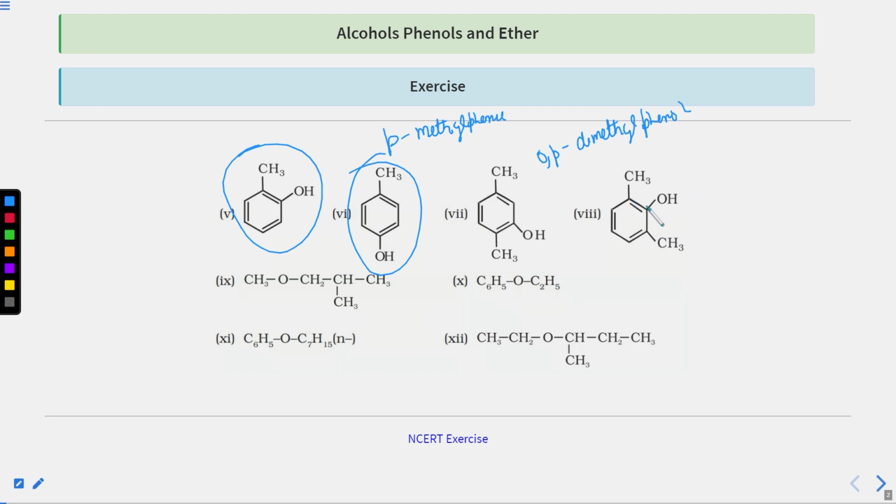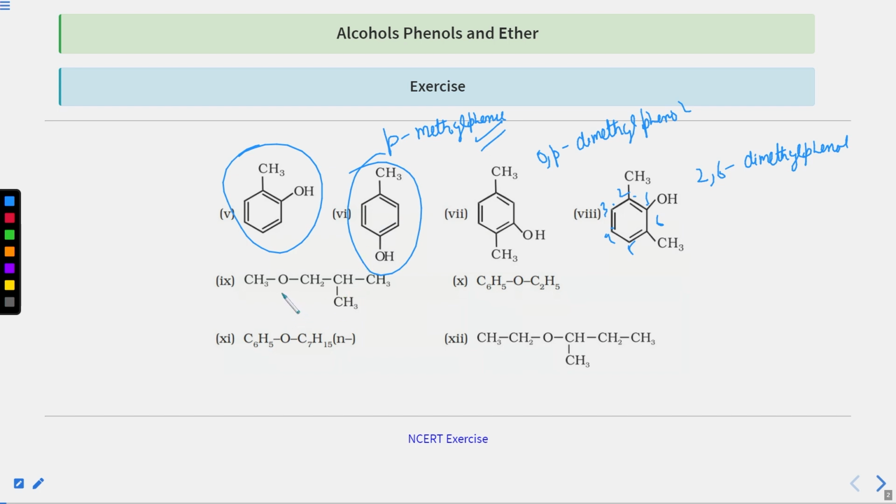This one, we can name it by numbering: 1, 2, 3, 4, 5, 6. So 2,6-dimethylphenol. Or if you don't want to name it as phenol, just name it as para-methylbenzenol. I think it is more appropriate as a derivative of phenol.